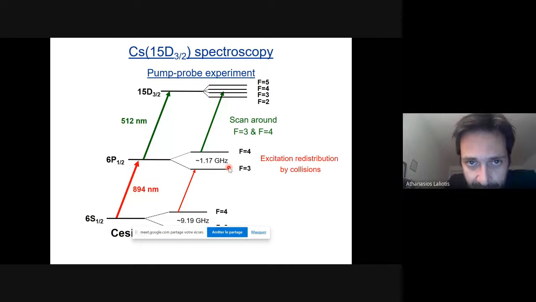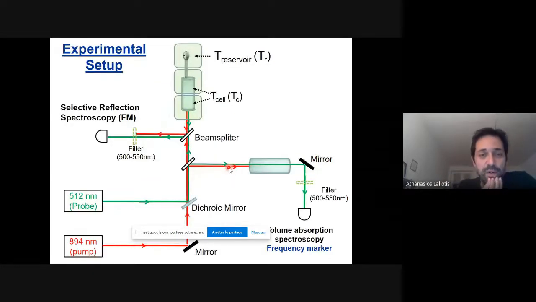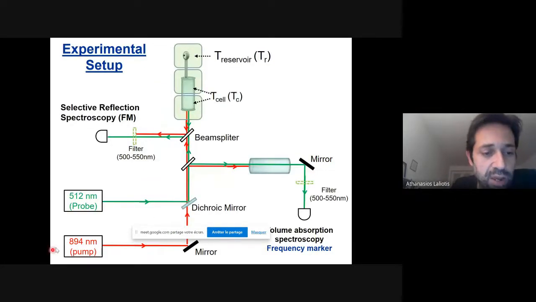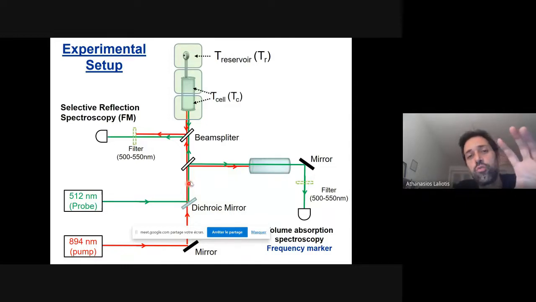Okay, so this is how it looks, more or less. You have a strong pump laser at 894 nanometers, and you have a probe laser that is green, or turquoise blue, depending on your eyes. You mix them together in a dichroic mirror, and then you have two experiments. You have the main experiment, which is the selective reflection experiment.